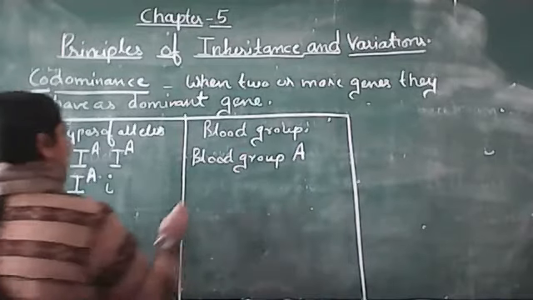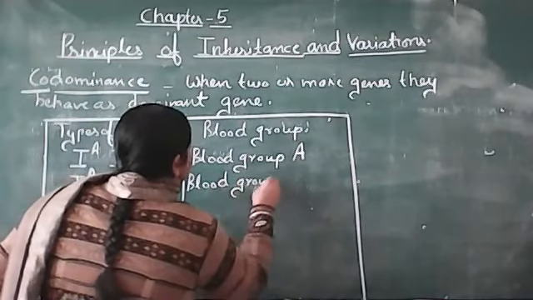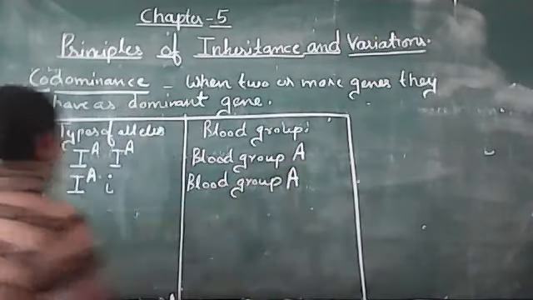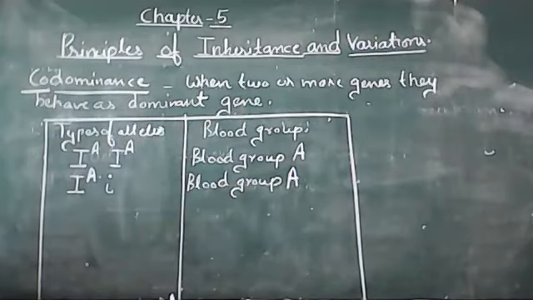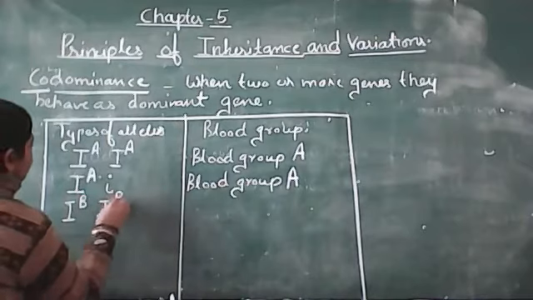So here again, the blood group of the patient is A. What is the third situation, if we have both alleles as IB?